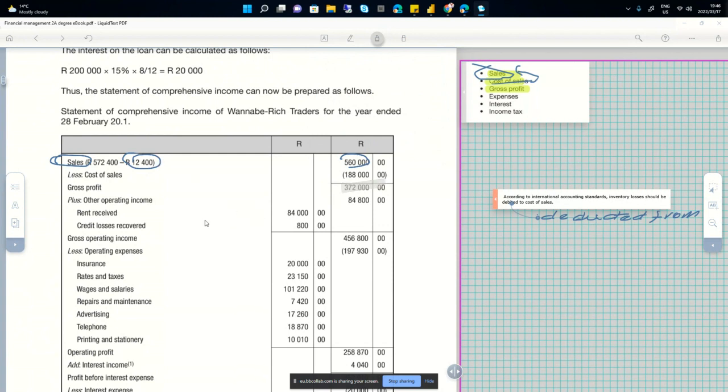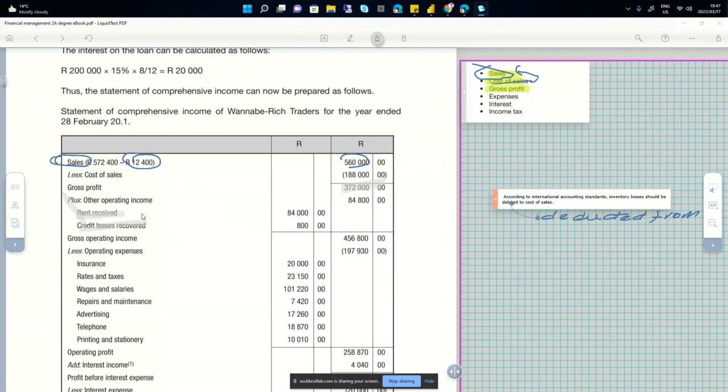So we have a gross profit, and now we come to other operating income. Okay, so other operating income, the rent that we received, and the credit losses that were recovered, all this will be a plus, not a minus, because this is money that came, that entered, this is an income, right?